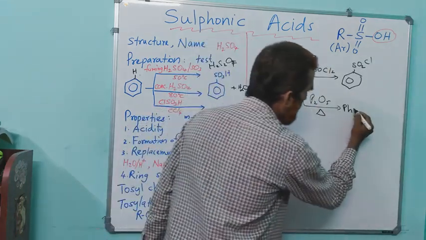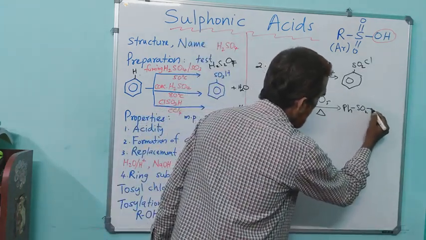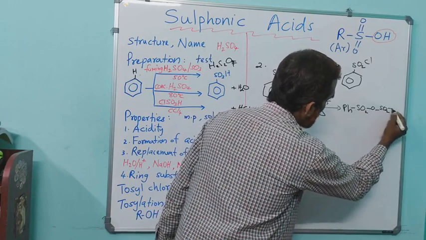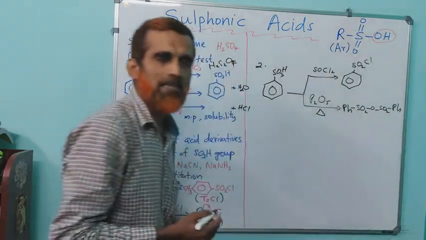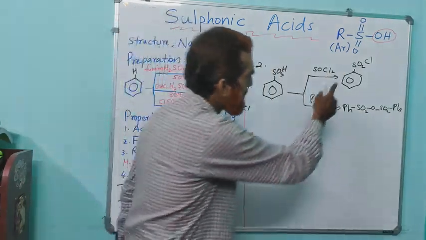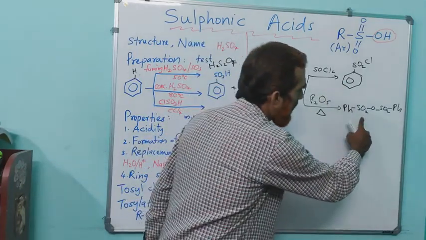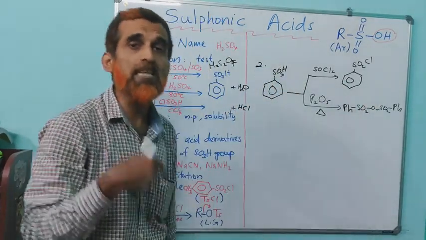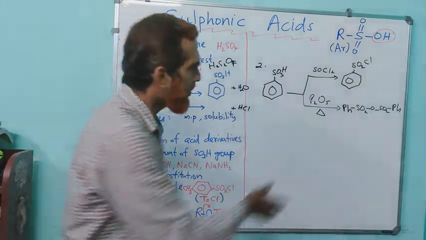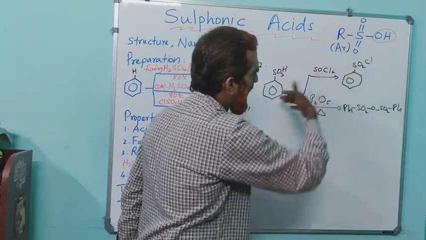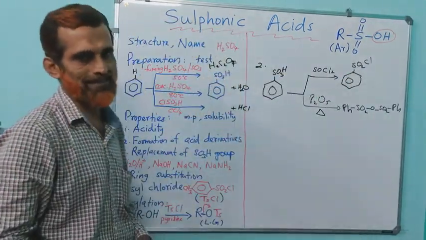I am writing in short like this. This is Ph, phenyl group, SO2, O, SO2, Ph. What is this? This is benzene sulfonic acid anhydride, or benzene sulfonic anhydride. So anhydride and chloride are directly produced from sulfonic acid.